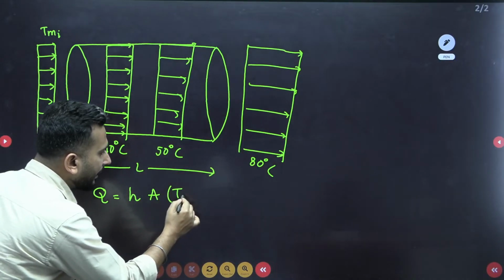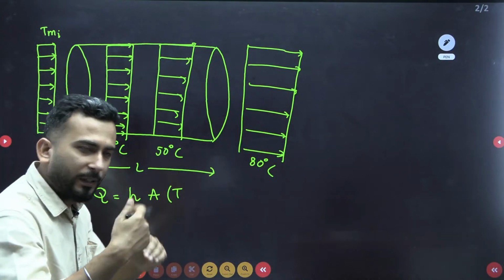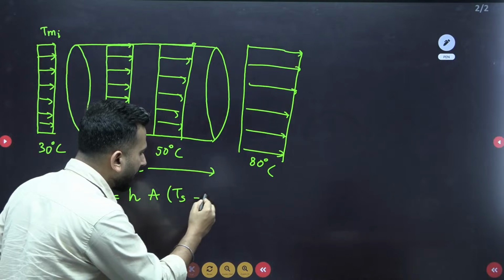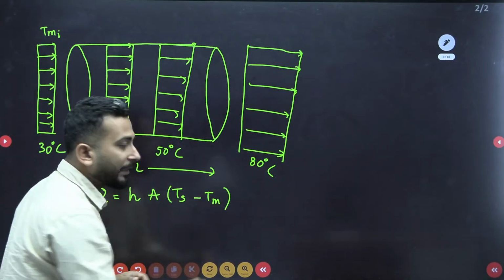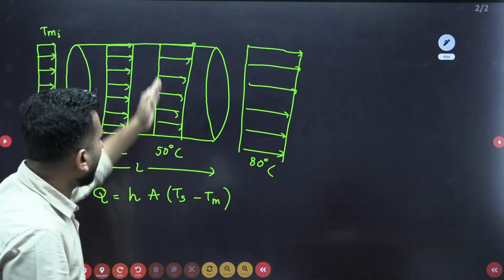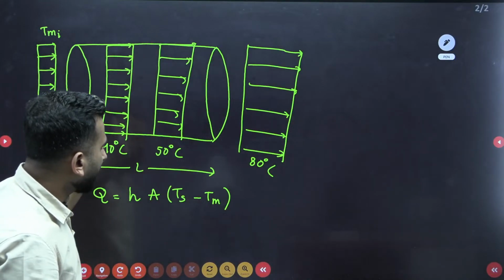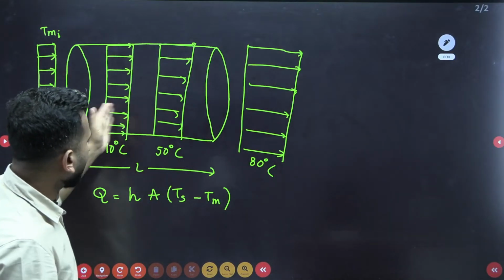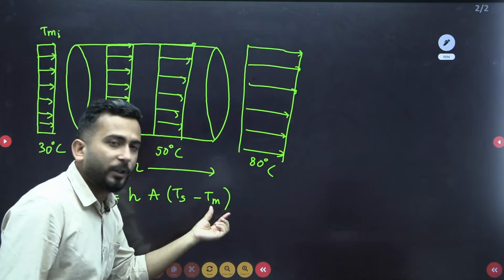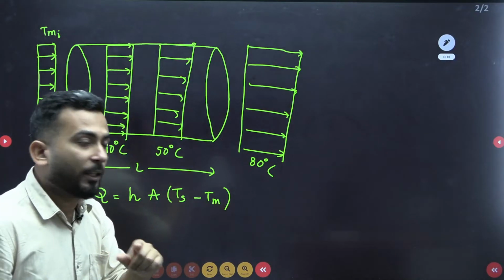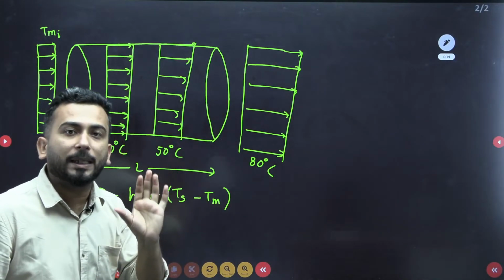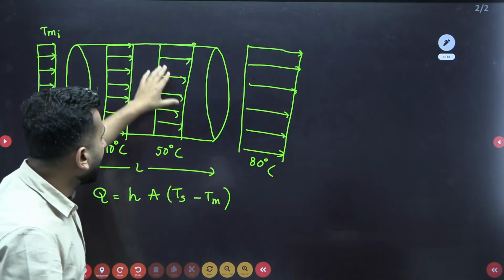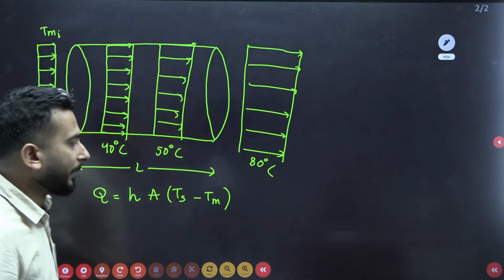What is delta T? It is from the surface. So let's say from the surface, and I am considering that at any distance x, the temperature of the fluid, the mean temperature I should say, Tm. So why am I writing Tm? Because I have to consider the mean temperature, and that is what I have shown by constant lines. Okay.